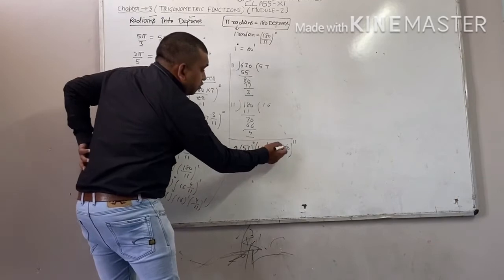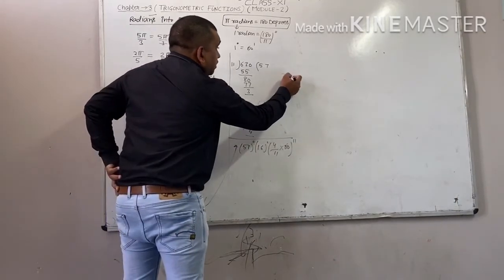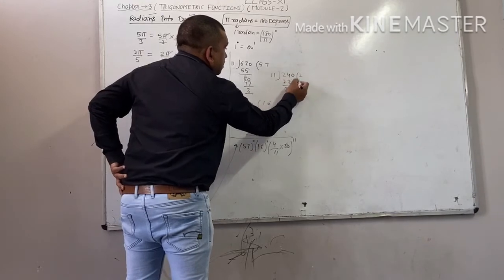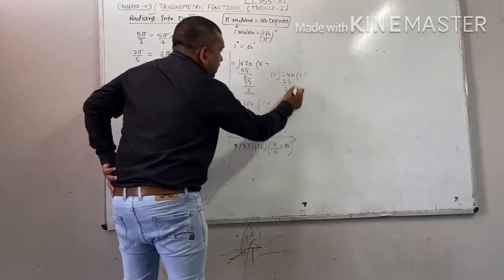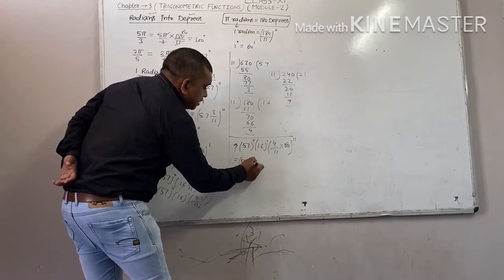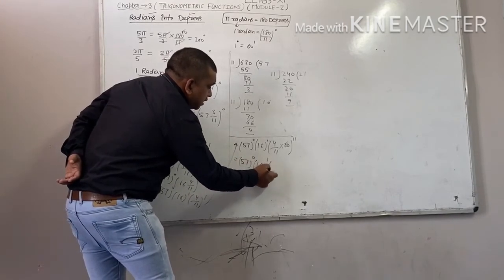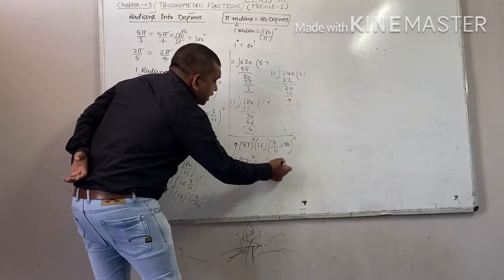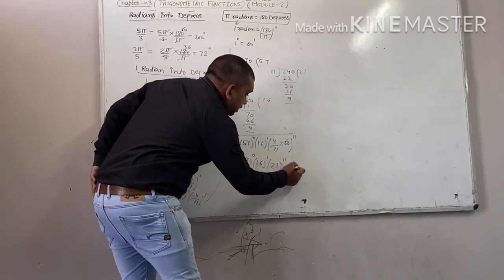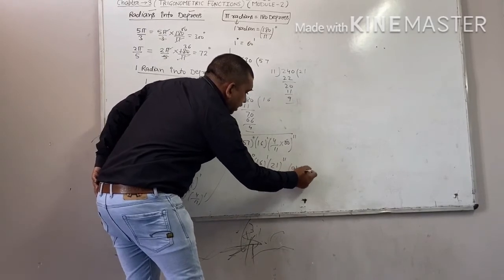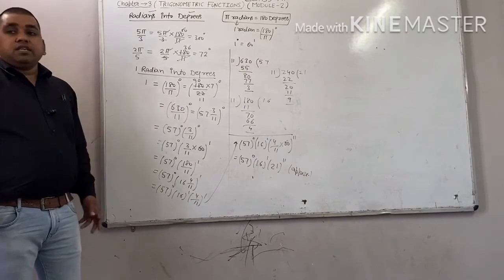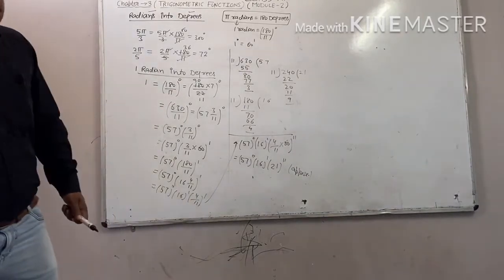See the answer? 4 into 60, 240. 240 by 11. This is approximate, you will get 21 seconds. Your answer is 57 degrees, 16 minutes and 21 seconds approx. Write down approximate in brackets. In this way, you can solve this question, 1 radian into degrees. Now see more questions of this type.